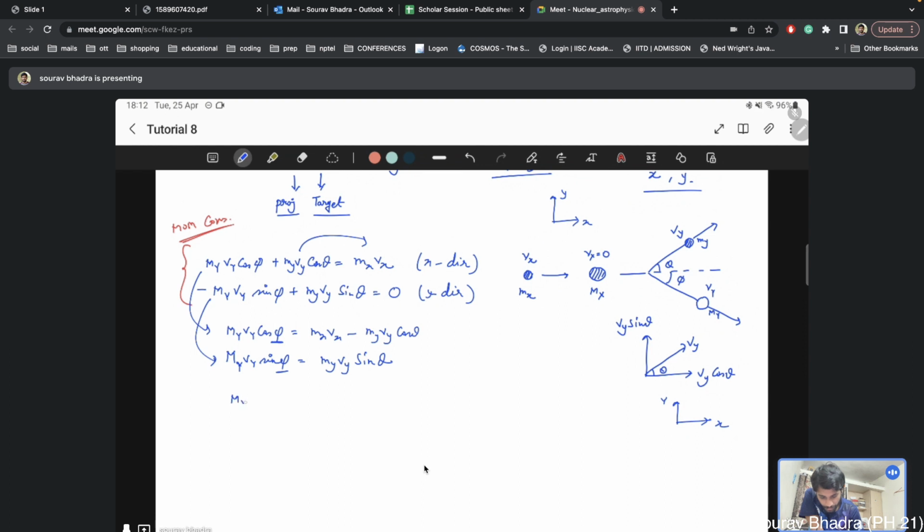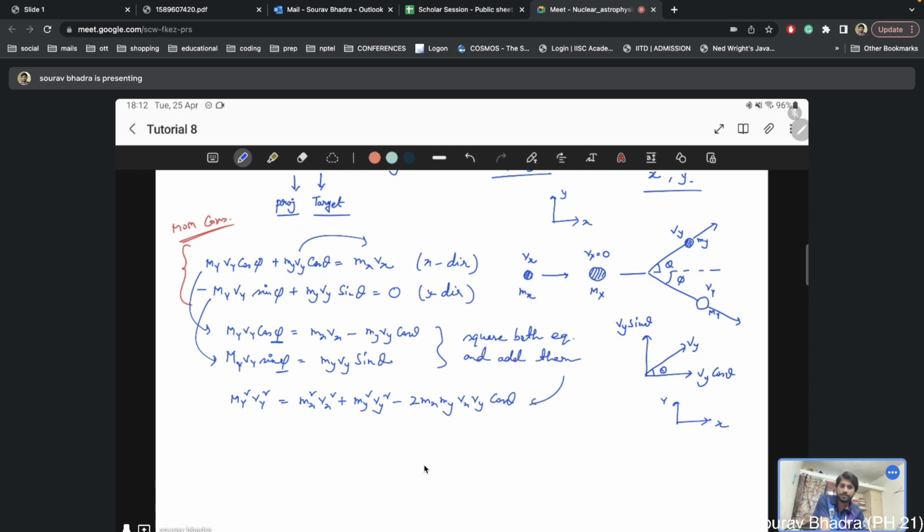So my square Vy square equals mx square Vx square plus my square Vy square minus 2 mx my Vx Vy cos theta. This you can get easily: square both equations and add them.